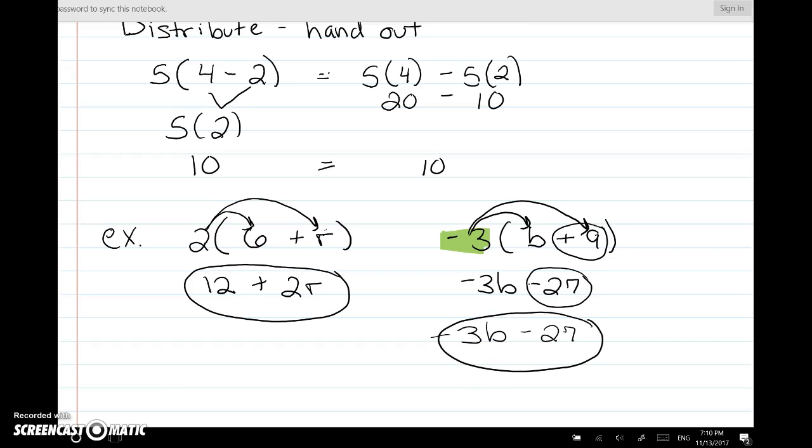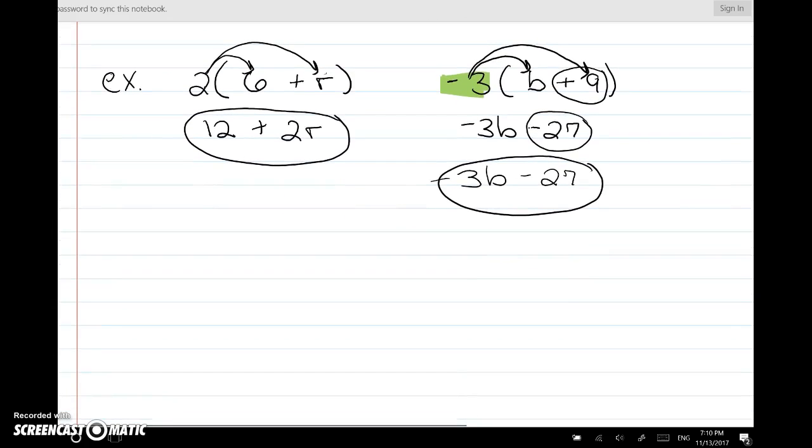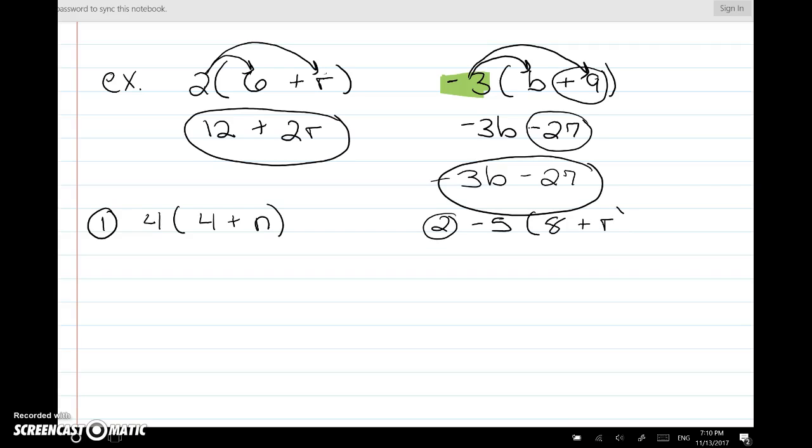So how about I give you 2 problems to try on your own, and you're just going to write it in on the box when it appears. Problem 1 is going to be 4 times (4 plus n), and for problem 2, we're going to make it negative 5 times (8 plus r).